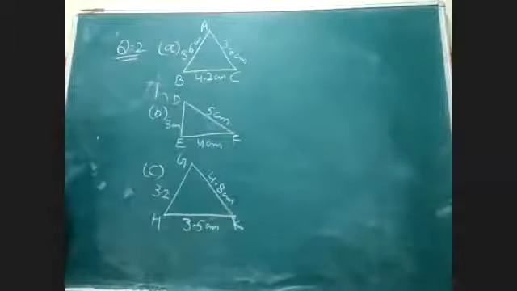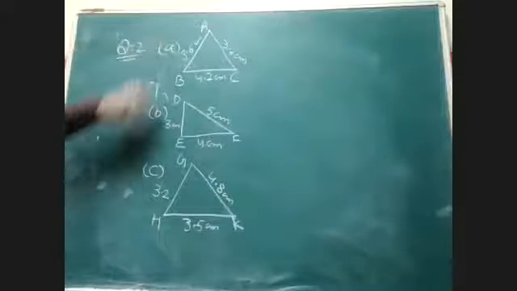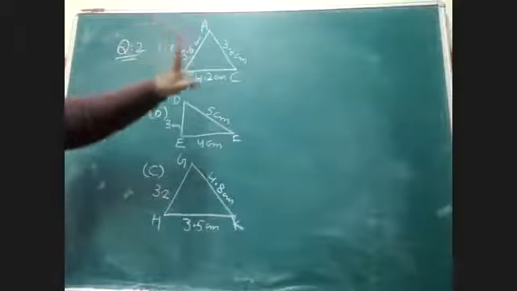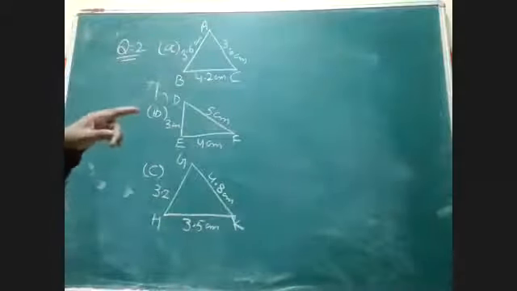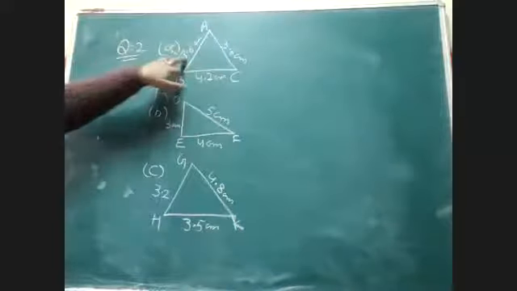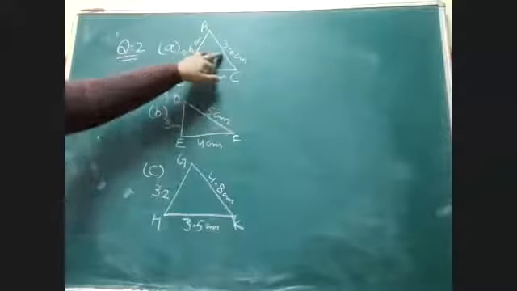Now friends, see all these three triangles A, B, and C. The length of each side is already given. Now write the type of triangle. In triangle ABC, two sides are 3.6, 3.6. Two sides are equal.